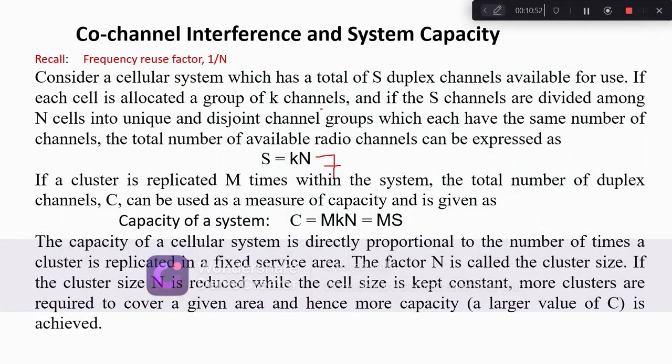Each cell is given k channels, so for 7 cells, the total S channels are divided among N cells, because a cellular system has a total of S duplex channels.